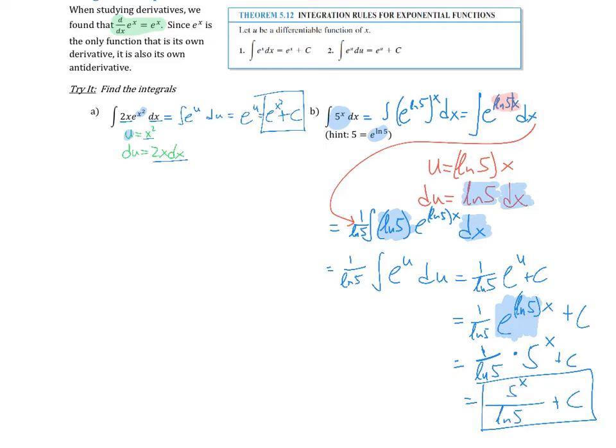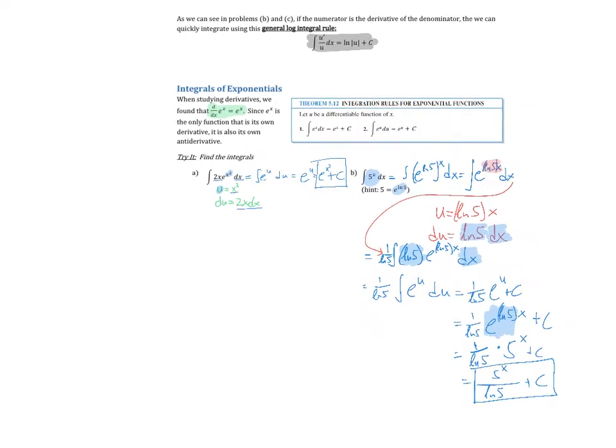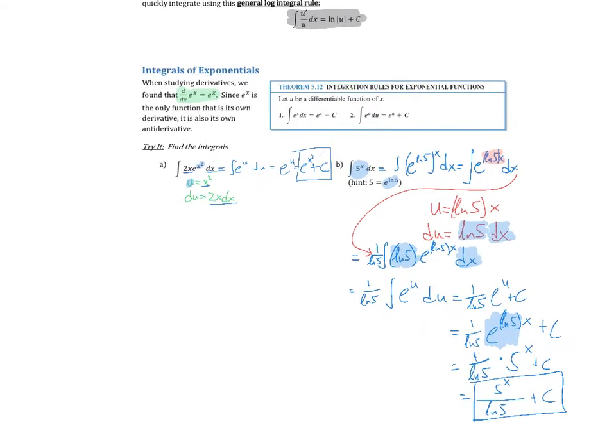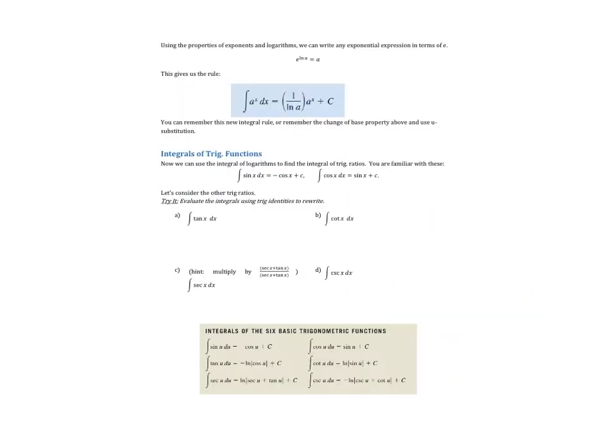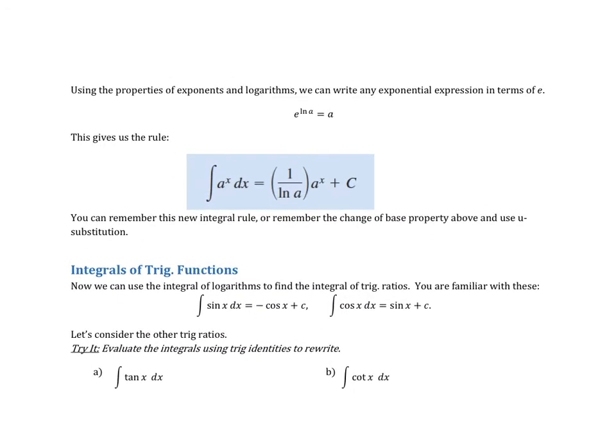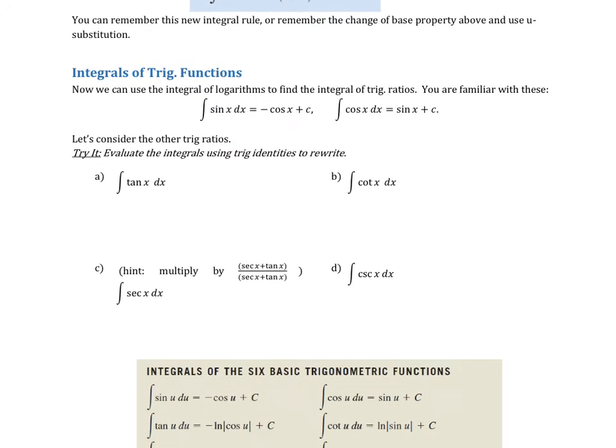If you remember, we did the opposite when we had the derivative. We multiplied by the natural log of 5. So that brings us to a general rule: the antiderivative of a to the x is a to the x, but we have to multiply by 1 over the natural log of a. That's how that works.